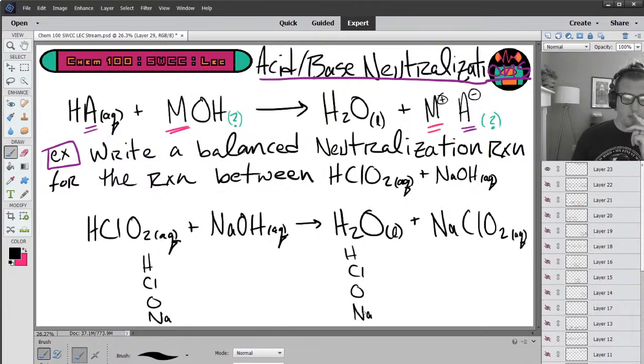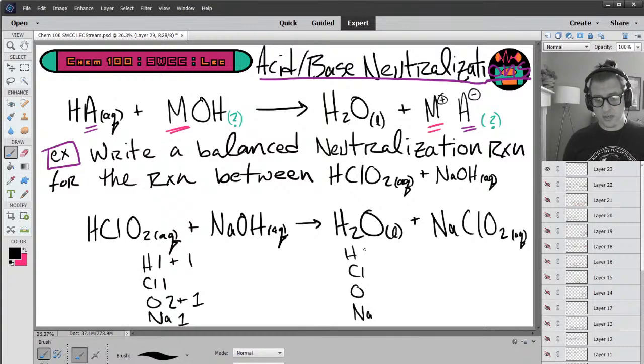All right. On our reactant side, we have one hydrogen from the acid, a second hydrogen from sodium hydroxide. We have one chlorine. We have 2 oxygen from the acid plus 1 oxygen from sodium hydroxide. And then we have 1 sodium atom. Let's look at the product side.